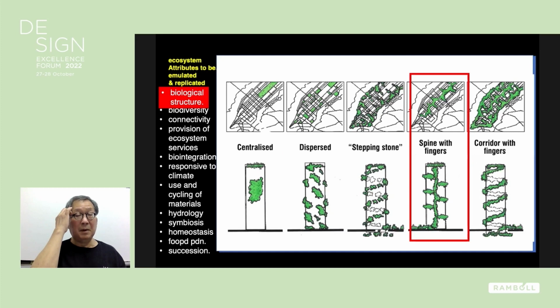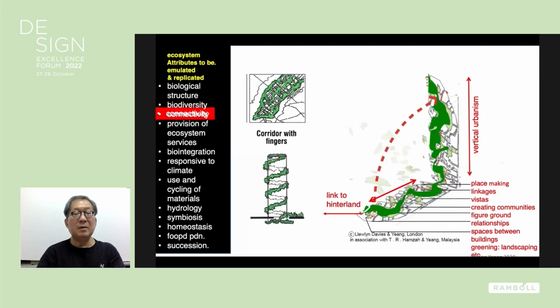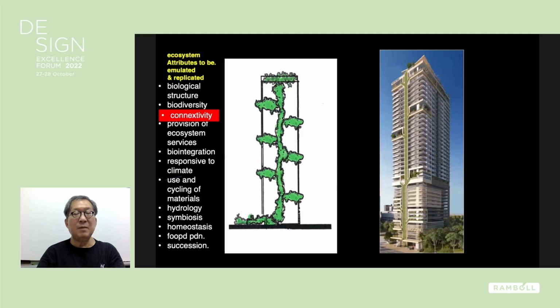So now, what about the vertical interpretation of the biodiversity matrix? It's easier to do the biodiversity matrix on low-rise and medium-rise buildings, because of the species that we adopt. But for the vertical form, we started to look into the species that we need to bring back to enhance the biodiversity at the upper levels of the building.